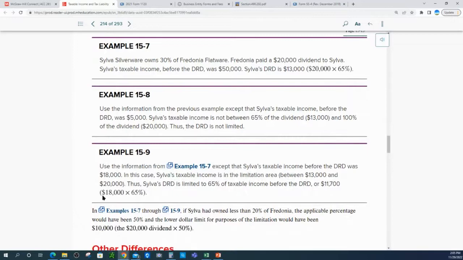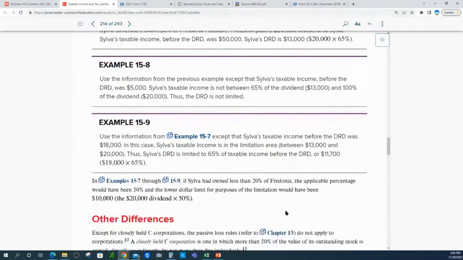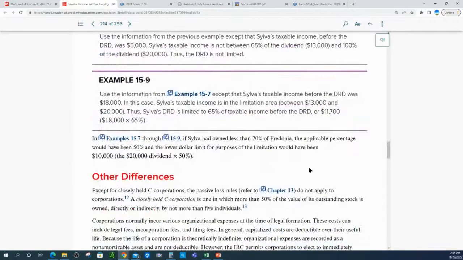Using the same information, let's say it was $18,000. In this case, Silva's taxable income is in the limitation area between $13,000 and $20,000. Therefore, their dividend received deduction is limited to 65% of taxable income before the dividends received deduction, or $11,700.